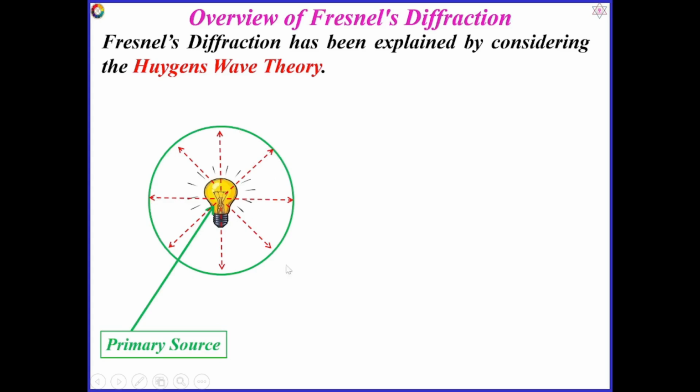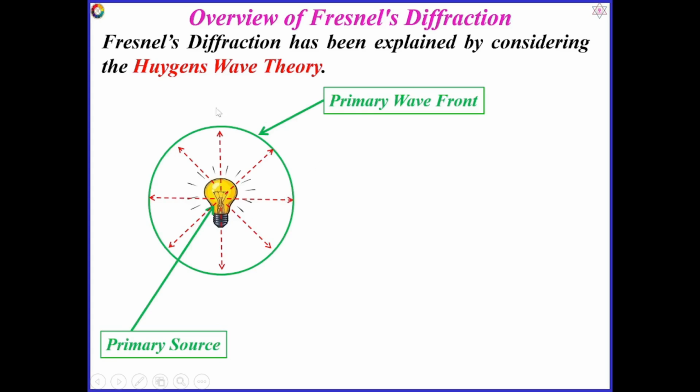So this is the imaginary circle we have considered around the primary source, which is called your primary wave front. Okay. According to Huygens wave theory, the primary wave front is divided into a large number of secondary sources.